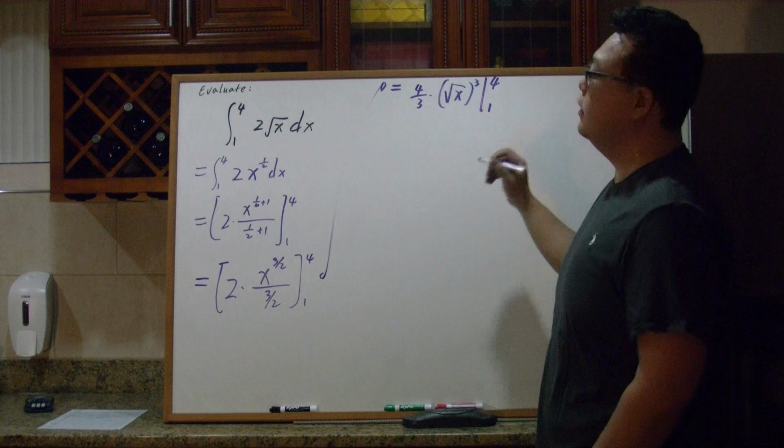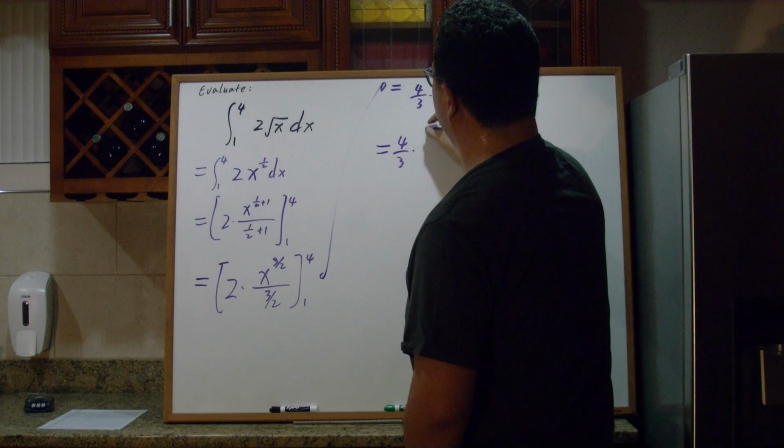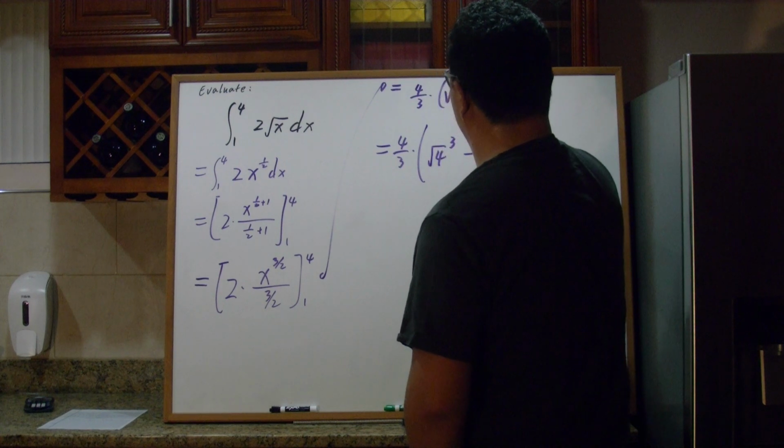That's a single term. So we have 4/3 times radical 4 to the 3rd minus radical 1 to the 3rd.